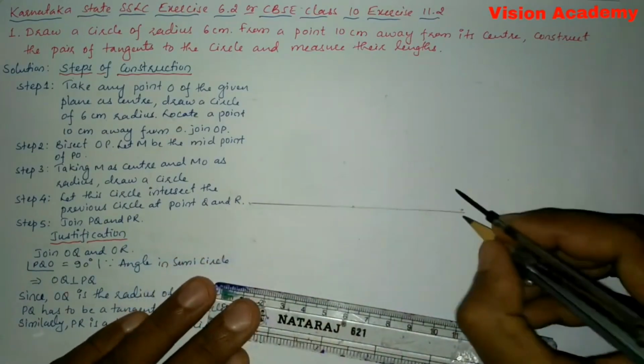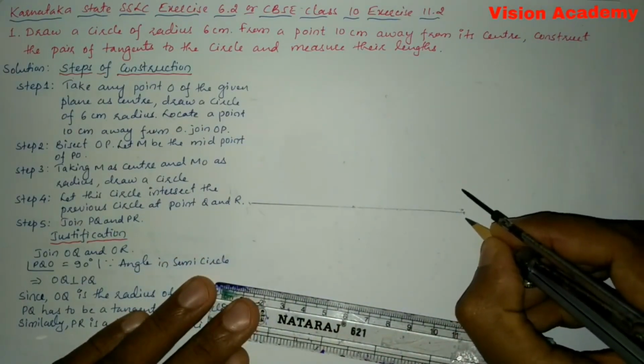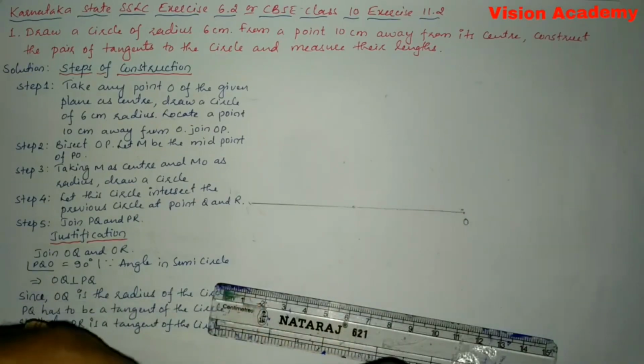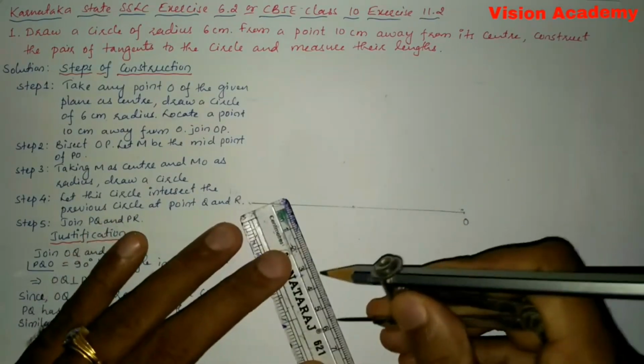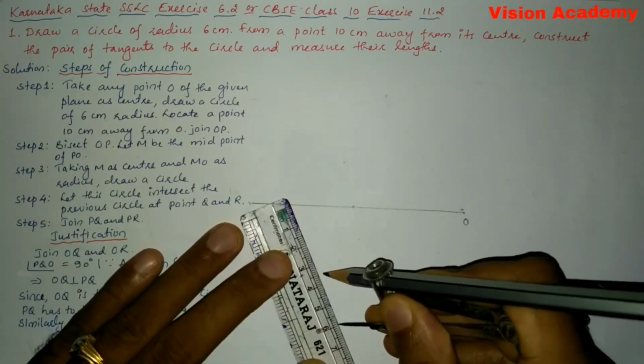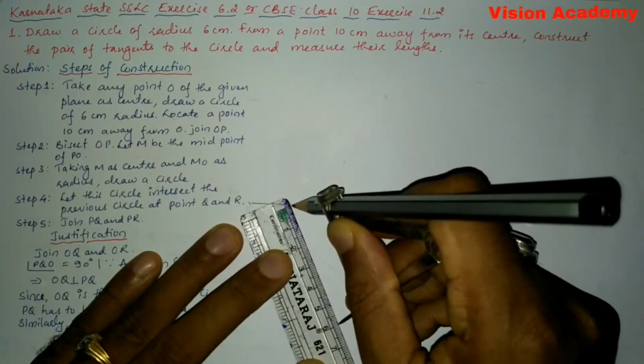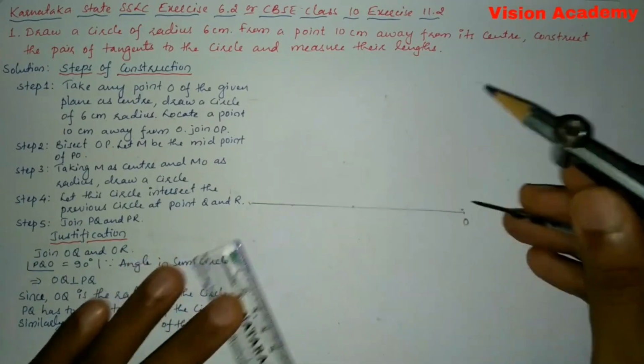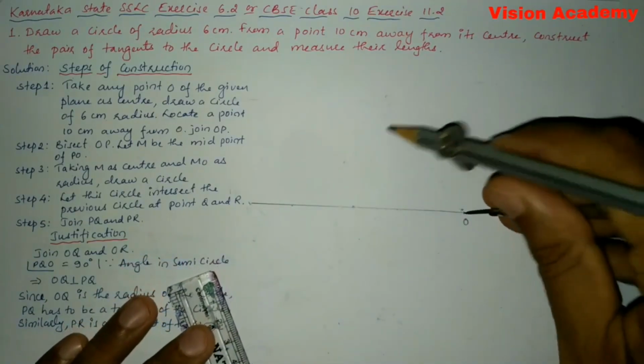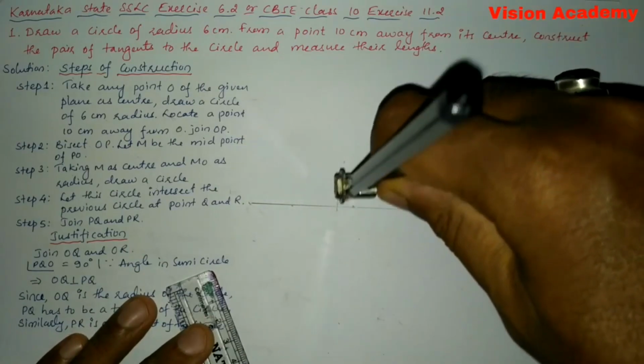So let us say this point as O, and now we need to take 6 cm in the compass and keeping on point O, let us draw a circle.